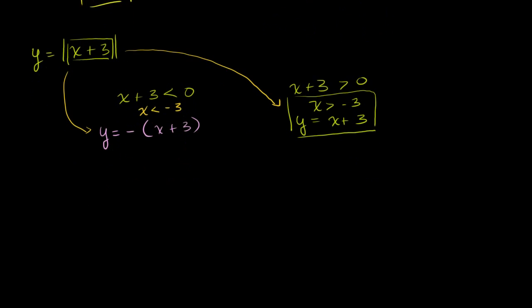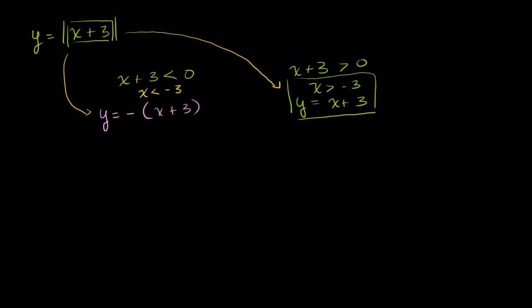So let's see what that would make the entire graph look like. Let me draw my axes. That's my x-axis. That's my y-axis. So let me multiply this out just so that we have it in mx plus b form. So this is equal to negative x minus 3.